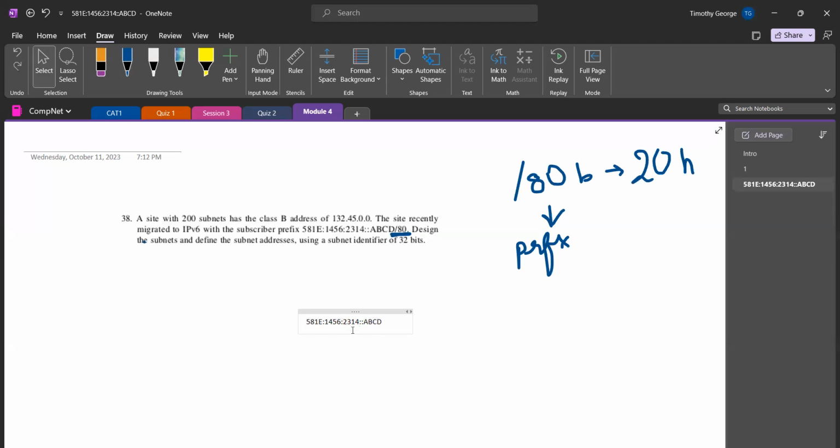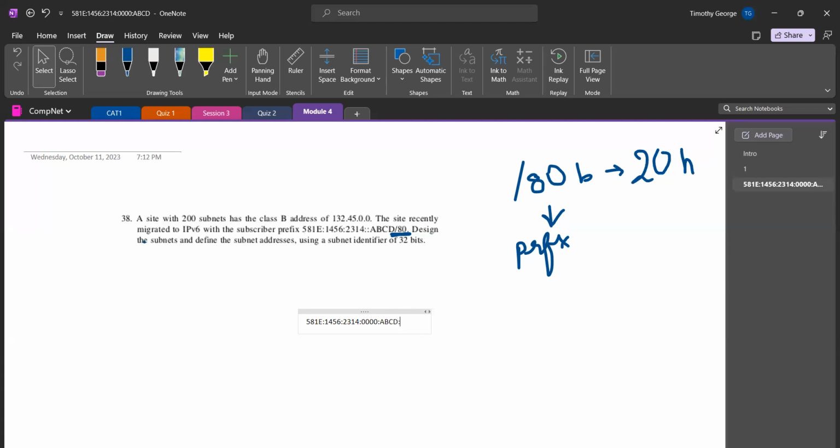We have 4, 8, 12, 16, 20. Yeah. This is how much you get. This is the prefix. Yeah, this much is the prefix.